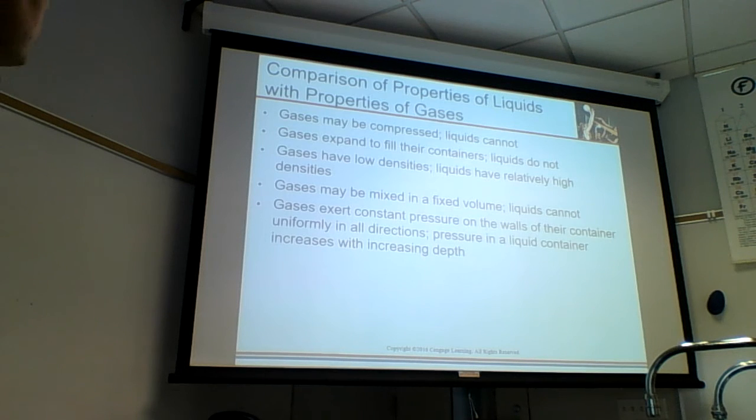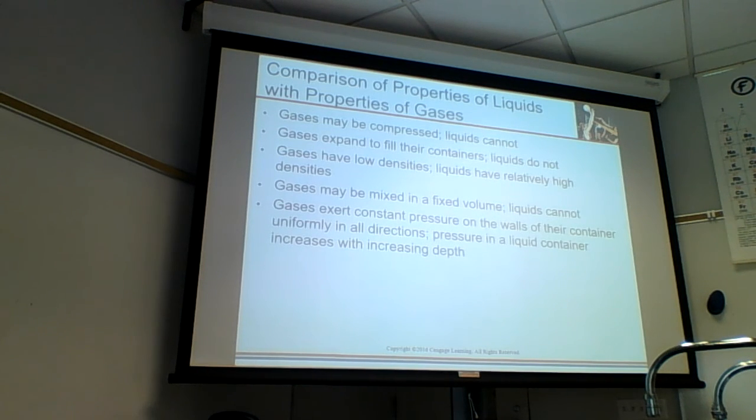Okay, comparison of properties of liquids with properties of gases. These are just the macroscopic properties. Gases can be compressed, liquids cannot. Gases can expand to fill their containers, liquids do not. Gases have low density, liquids have much higher densities, typically 1,000 times higher.